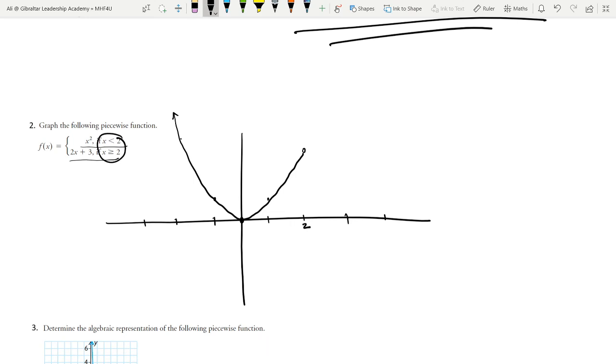The next equation is 2x plus 3 as long as x is greater than or equal to 2. So let's draw 2x plus 3. We start at 3. We're going to go up 2, right 1, up 2, right 1, and that's where we'll end up here.